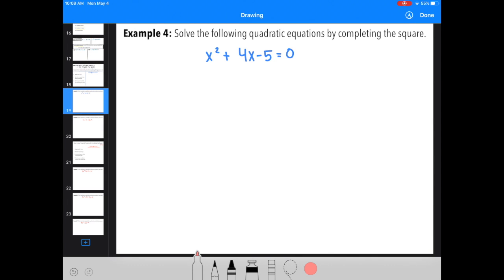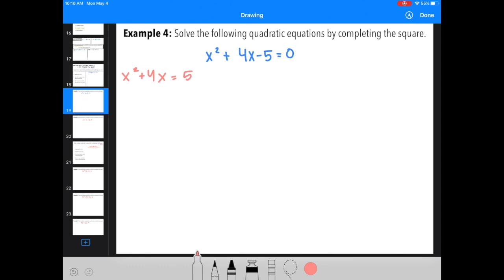Let's do peach. All right, solve the following quadratic equation by completing the square. I have x squared plus 4x minus 5. All right, my first job is going to be to rewrite my equation, move that 5 over. So I'll have x squared plus 4x is equal to 5.